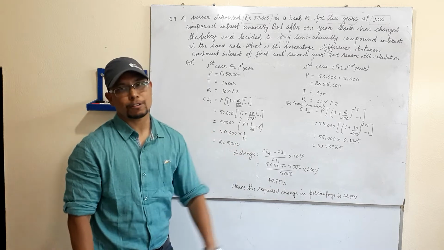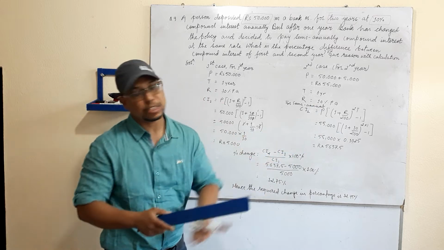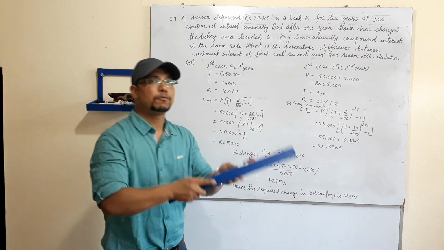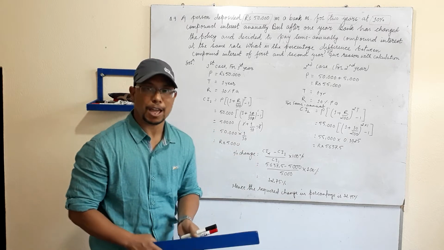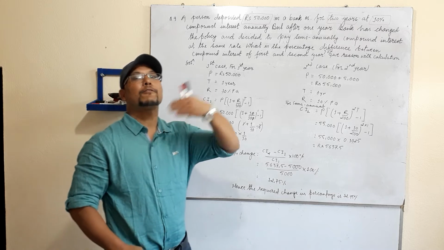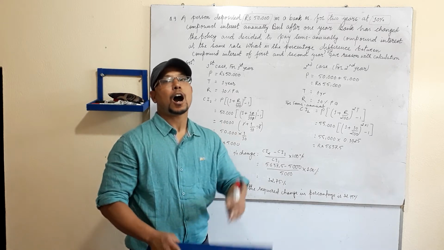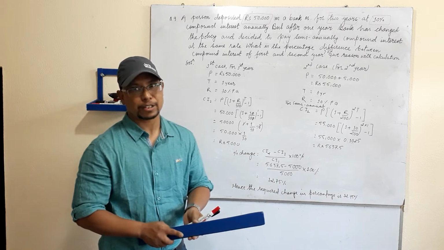Now in the second year, what happens? Because the bank has changed the policy, the bank will give you compound interest semi-annually. So after the first year, how much money will be deposited in your bank?